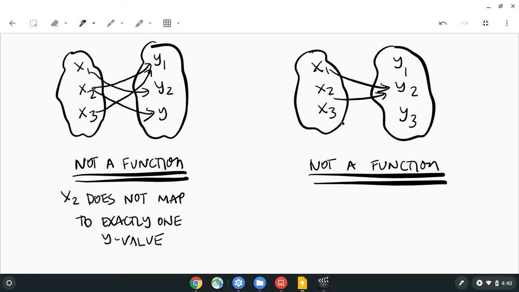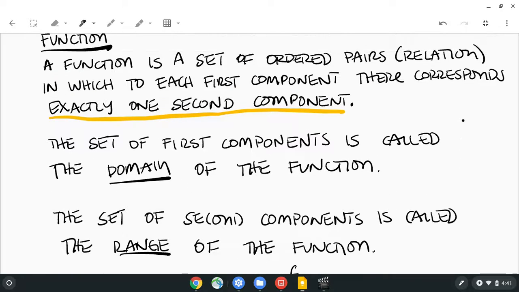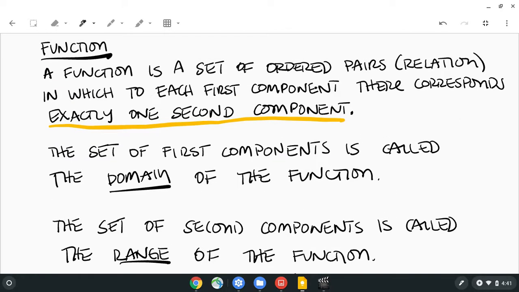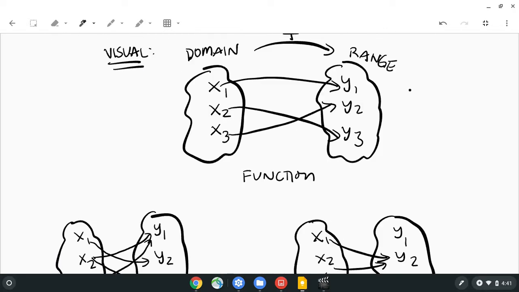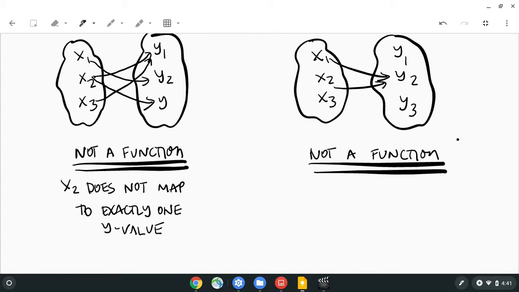And the reason why is because x3 didn't get mapped to anything. Okay, so again, up here, it says each first component corresponds to exactly 1 second component. So each first component. Well, when I look here, each of these doesn't get mapped to a y value.